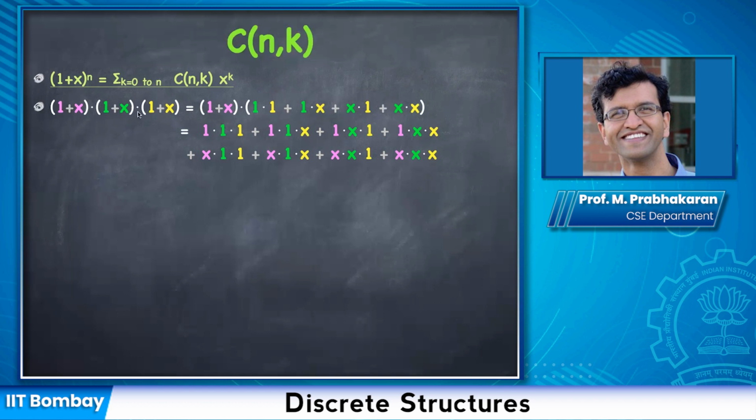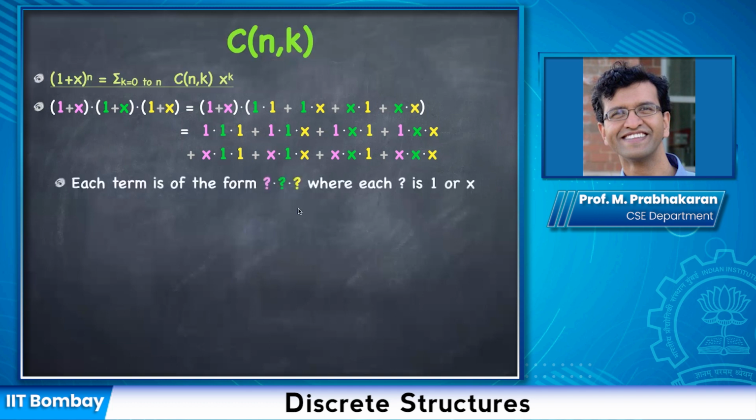So the green 1 times the yellow 1 is this one, then there's the green 1 times the yellow x, and so forth. So there are 4 such combinations, and then I also open the brackets of this pink expression and I get 8 such terms, right?